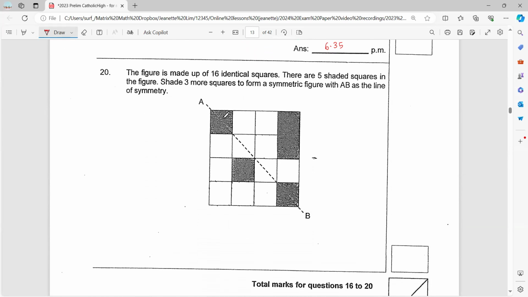So this one is already halved, okay. Now this one is the same as this square here, so you have to shade this one. All right, so then this one is the same as this one. So shade this.